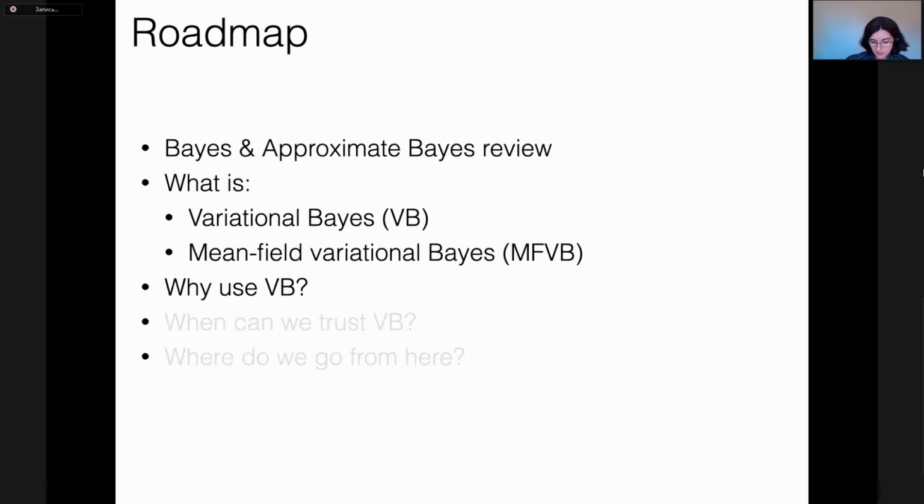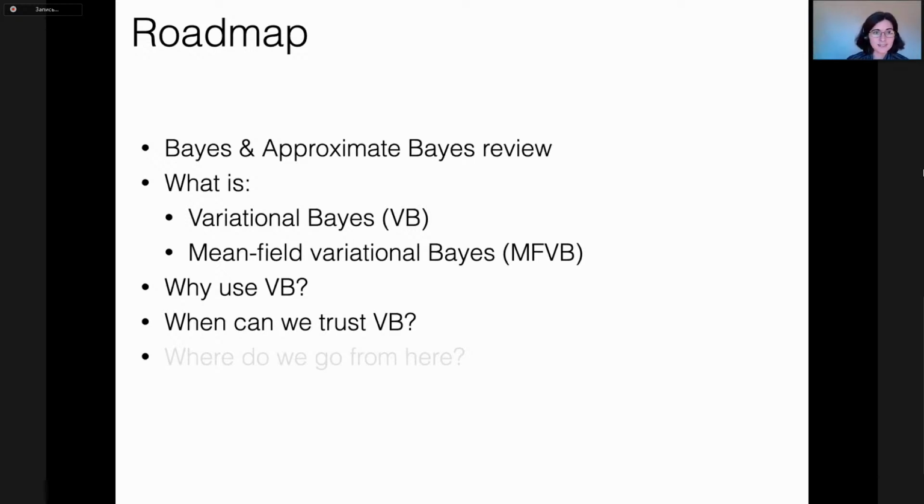Okay, so we've talked about why to use it. It seems like empirically in a number of cases, it works well, at least according to our notions of working well that we've explored here. And now I want to spend a little time thinking about, okay, well, can we trust it in general?